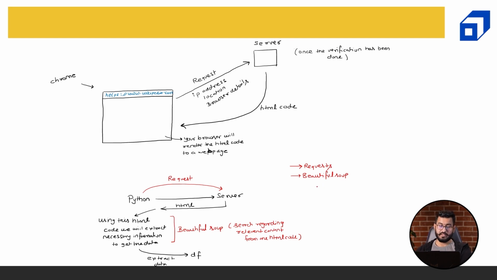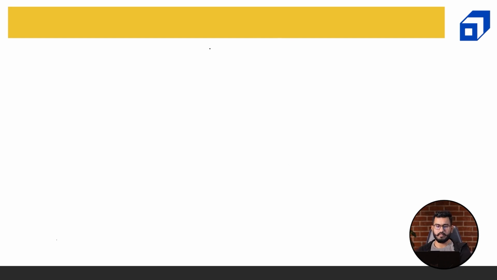Now, before we jump to the Python interface to actually carry out this operation, we need to briefly understand what HTML code looks like. You have to understand the structure. So let's understand the structure of basic HTML code. HTML stands for hypertext markup language.